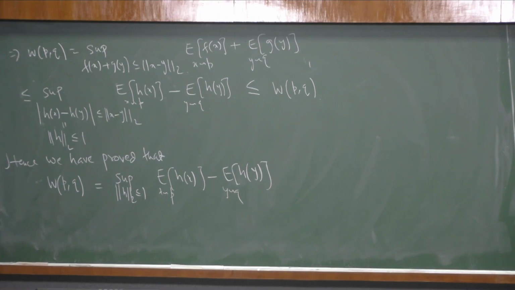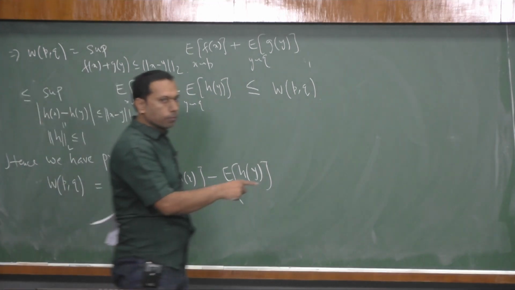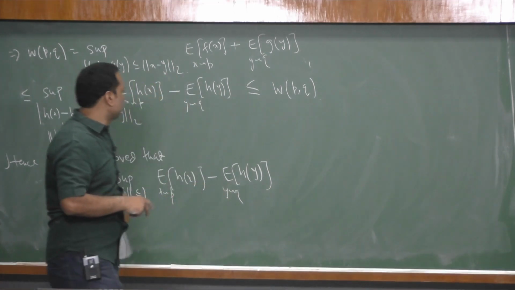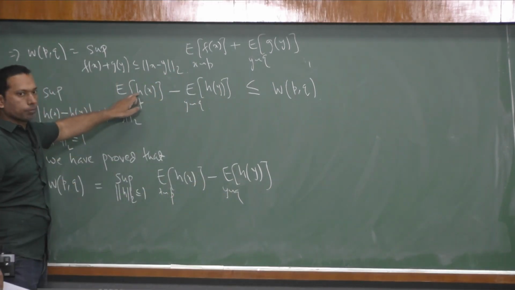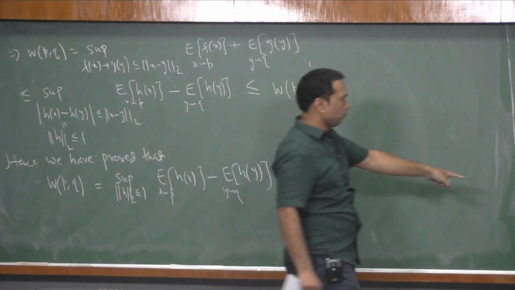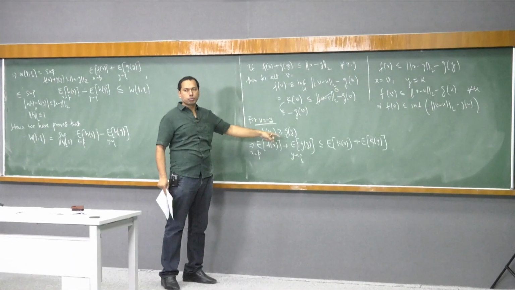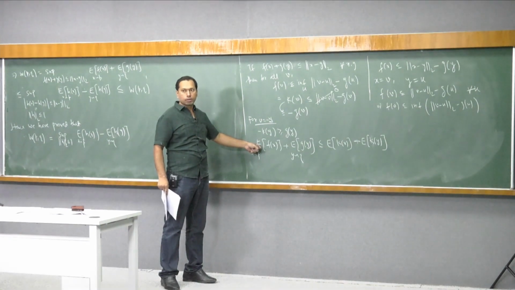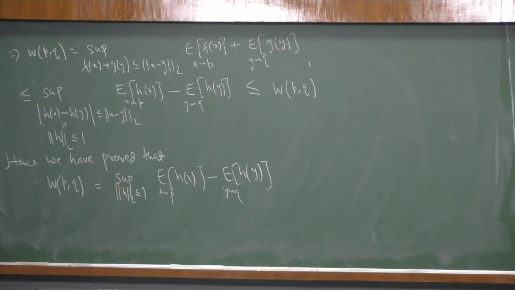Where did we use K? I replaced k by h here, that's it. I mean, this is less than or equal to, right? I took a supremum of this. This supremum is the Wasserstein. The constraint here, and this satisfies that constraint, right?